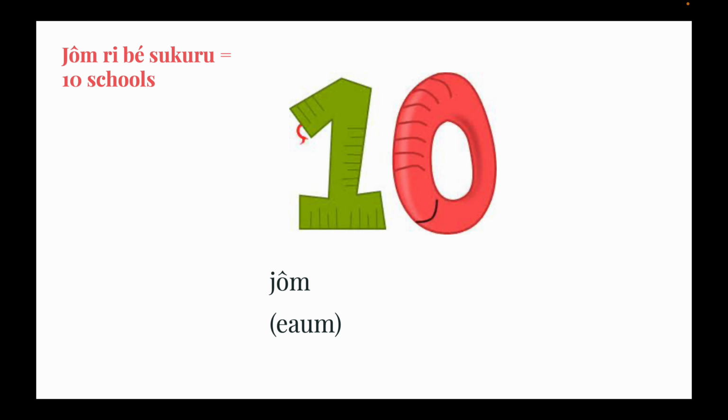The way I can explain it in English would be that jomribe sukuru means like a tenth, not a tenth of a school, but you know how you can say a dozen donuts? This is almost like 10th schools. So you would say jomribe sukuru. It may not make too much sense, and that's just how the language is.